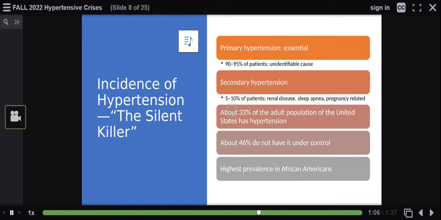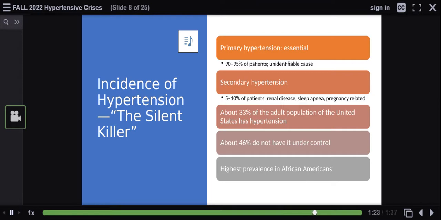The book shows you common causes of secondary hypertension, among which are renal diseases, sleep apnea, pregnancy related, renal artery stenosis, and so on and so forth.